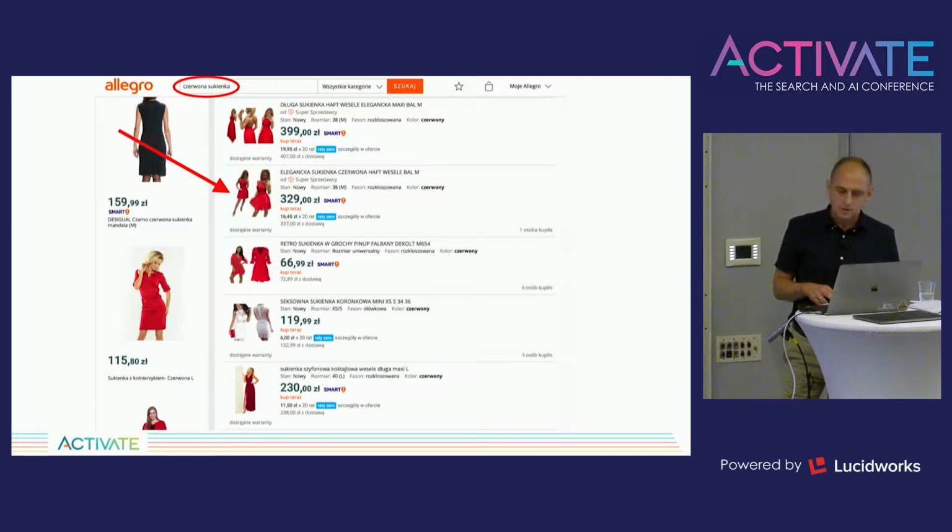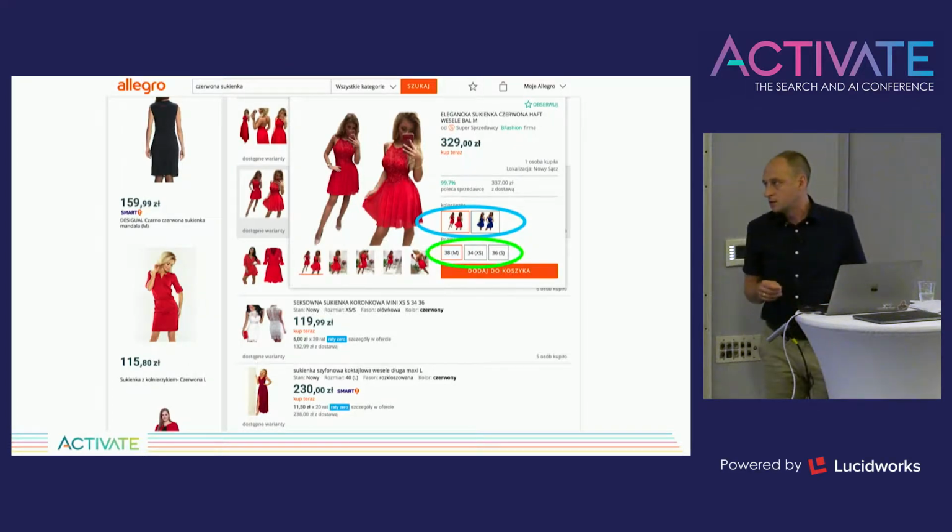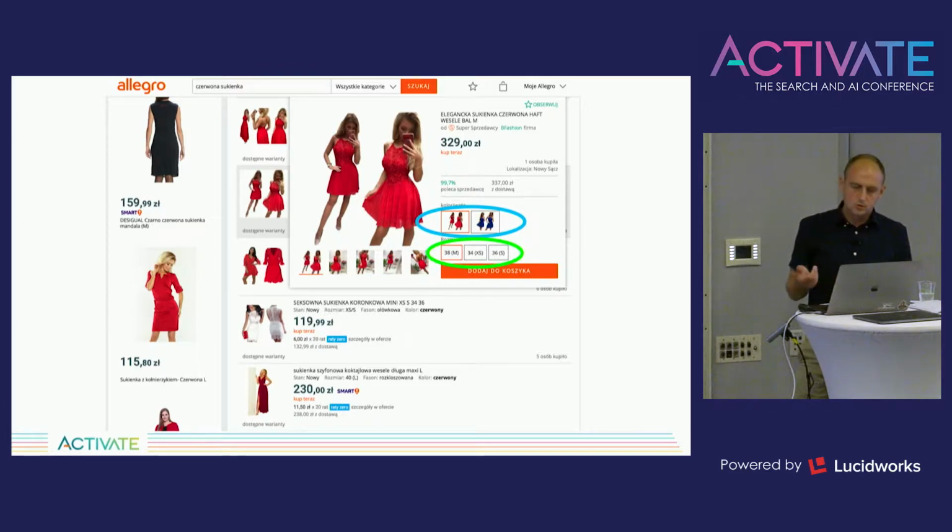She selects one and hovers over it, and now she can see links to the variants of these offers with different colors, sizes, or patterns. And so with just 2 clicks, she can get to the offer she wants most. And that's the feature we have delivered.